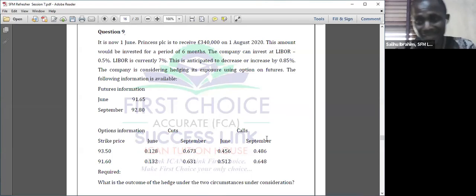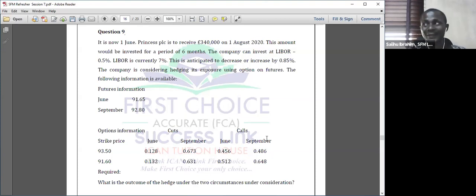Okay, it's never too late. Make sure you study them. Hedging is a repeated topic in the ICAN exam, so you can't afford to joke with it. It can give you a cheap mark.